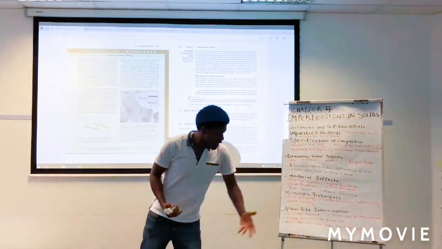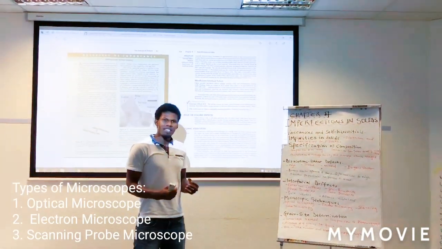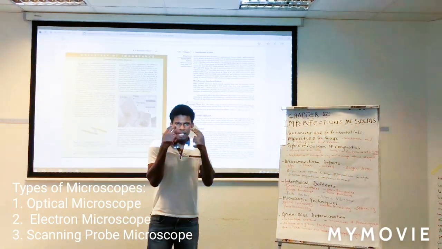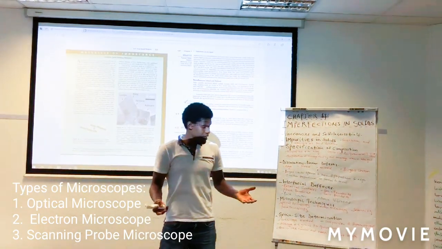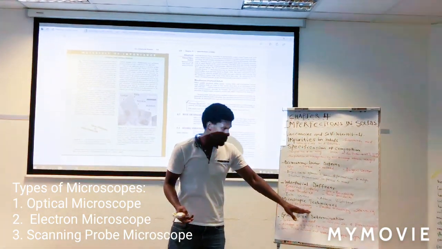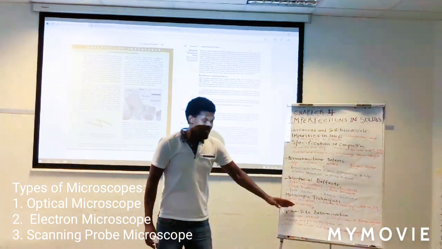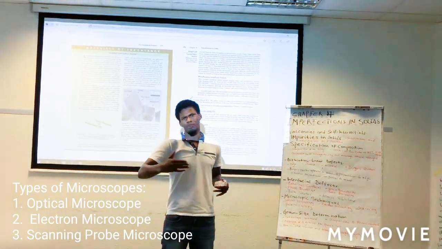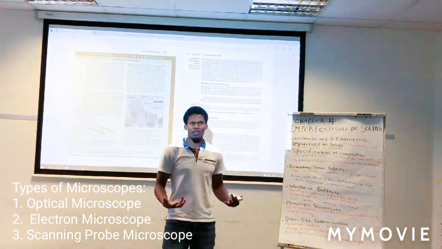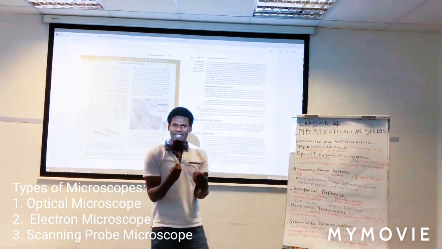And then we move to the microscopic techniques. These things you cannot see with your naked eyes; you have to use a microscope. We have different types of microscope: the optical microscope, the electron microscope, and the scanning probe microscope. For example, if you want to see an atom, we talk about atoms every day, but how can you see one?